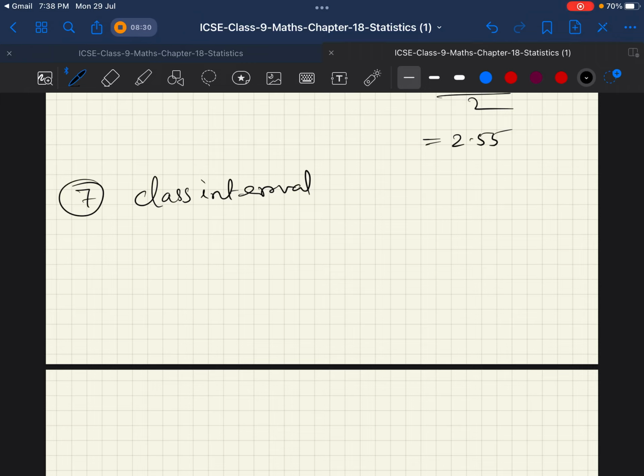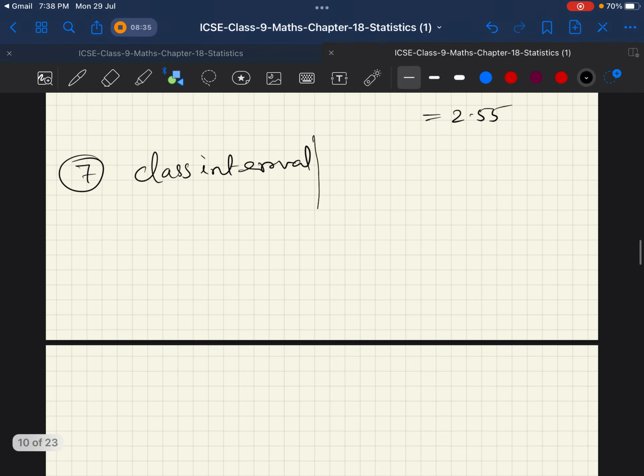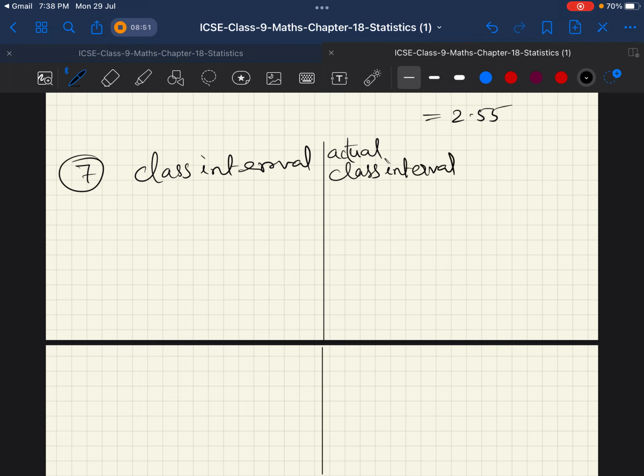You notice this class interval is in the form of inclusive distribution, so we have to convert it to the exclusive distribution, the actual class interval, and then the frequency is here. So this is the frequency table.